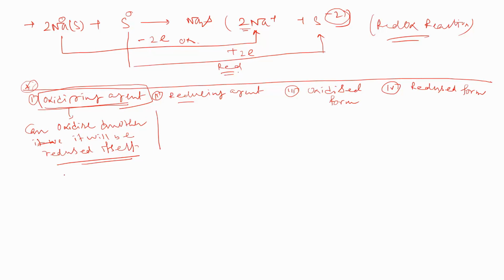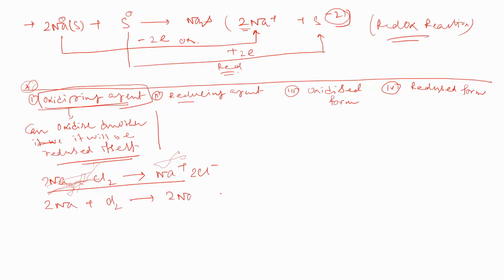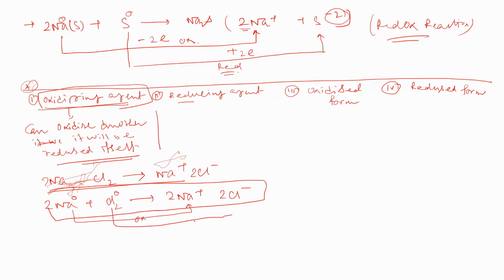I will show you. Suppose, for example, 2Na + Cl2 gives 2Na+ and 2Cl minus. Suppose this is a redox reaction. Which is the oxidizing agent? We know this is the zero oxidation state, and this is the zero oxidation state. So it is an oxidation reaction and it is a reduction reaction.